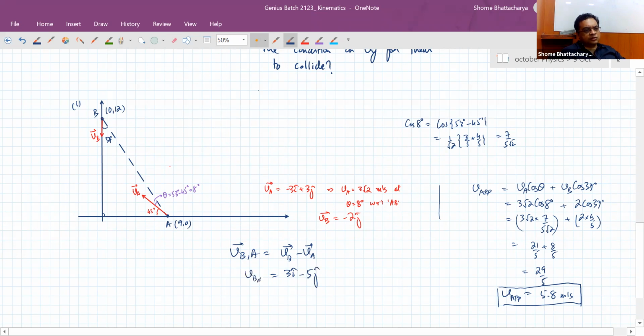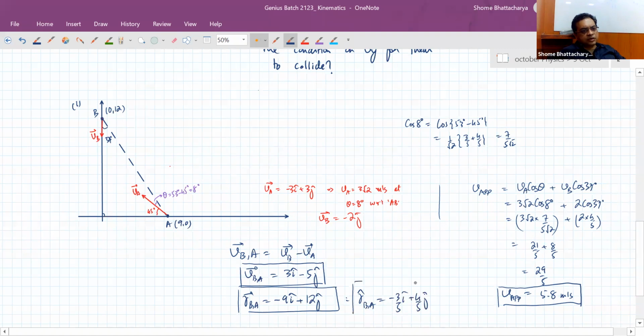So this is the velocity of B with respect to A. And the position of B with respect to A is going to be minus 9 i cap plus 12 j cap. Something very convenient I can also do here: I can express this as a unit vector. R cap of B with respect to A will become minus 3 by 5 i cap plus 4 by 5 j cap.